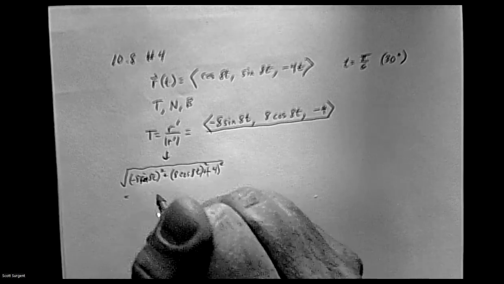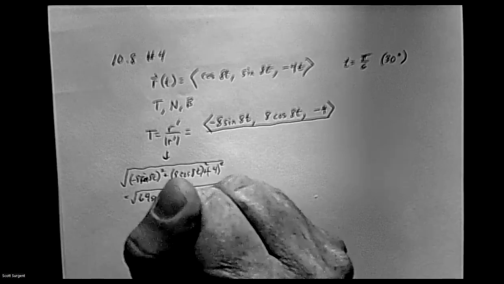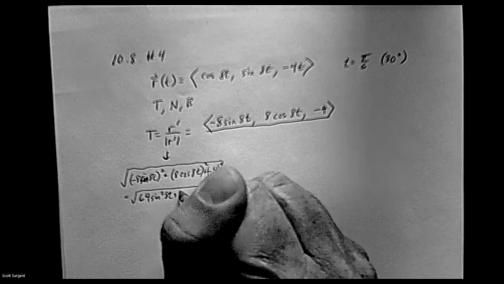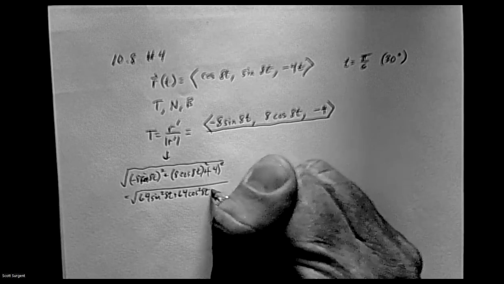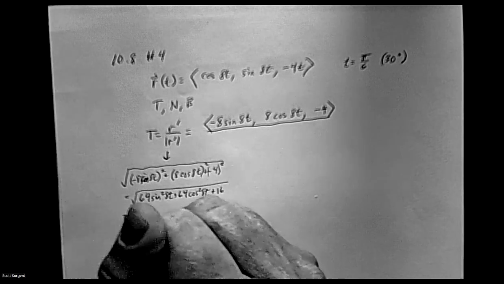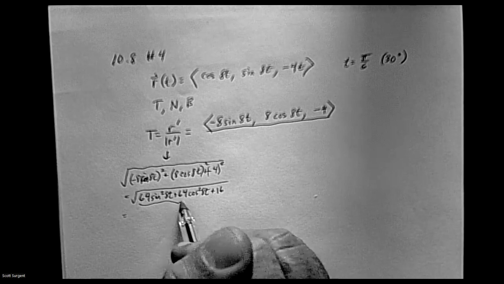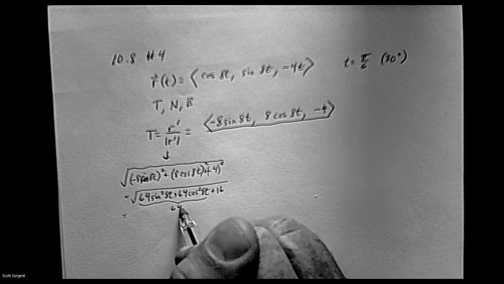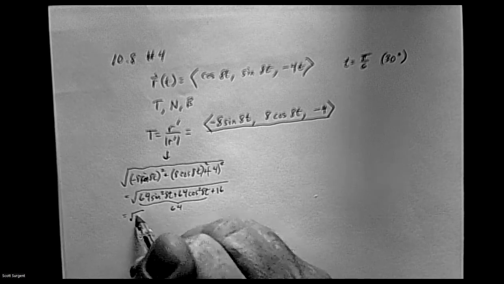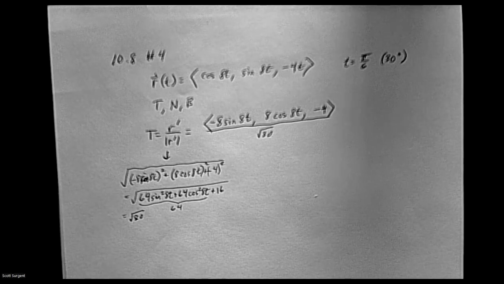And so you get 64 sine squared 8t plus 64 cos squared 8t, and then you get plus 16. And what happens here is that this is a trig identity. Sine squared plus cos squared is 1, so you just get 64. 64 plus 16 is rad 80. So I'm just going to write that right here. Boom, you're done. That's big T.